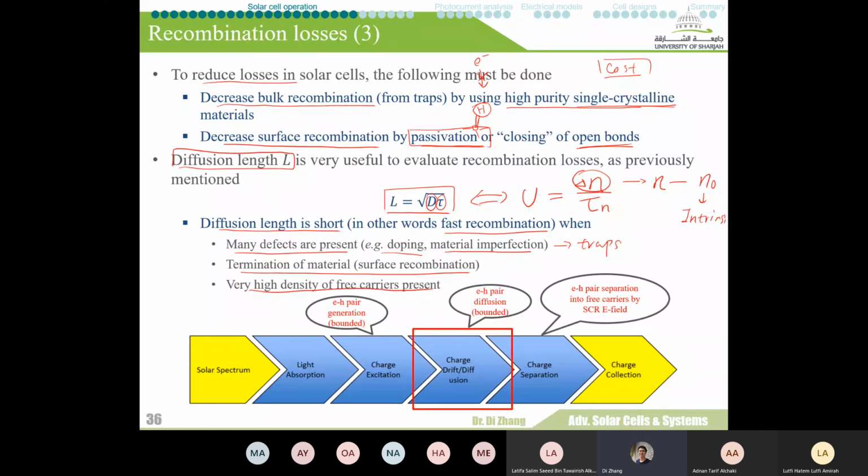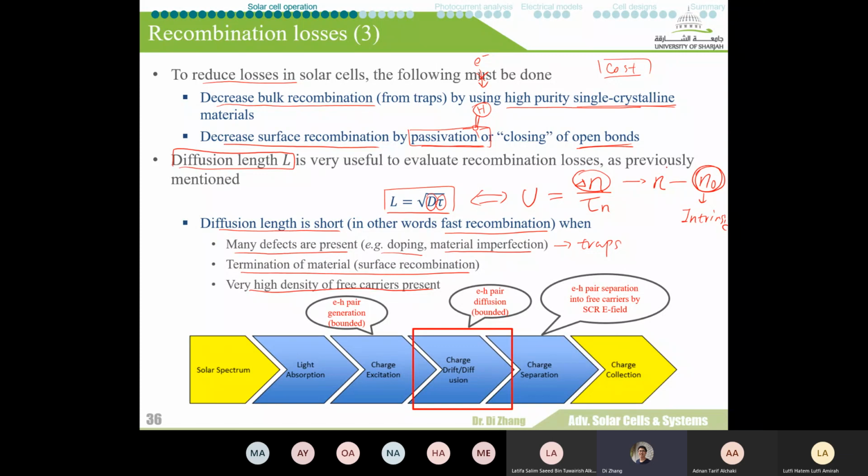This is from the equilibrium state, the initial solution for the concentration of the carrier when you have an intrinsic semiconductor.